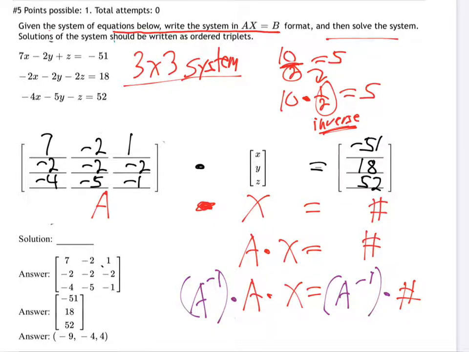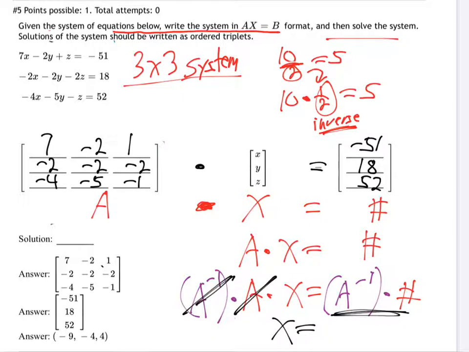And what will happen is these will cancel out, won't they? Because it's the inverse. It's like dividing by A. They cancel out, and that gets X alone. And what will X equal? A inverse times the number matrix. Do you get that idea? That's what we have to do. We're going to do it on the calculator, but I want to make sure you see that.